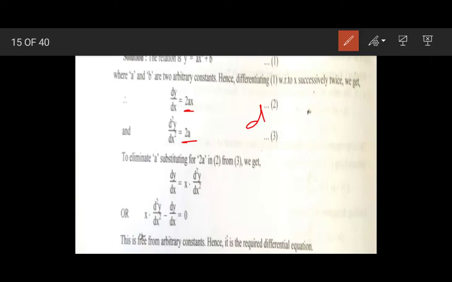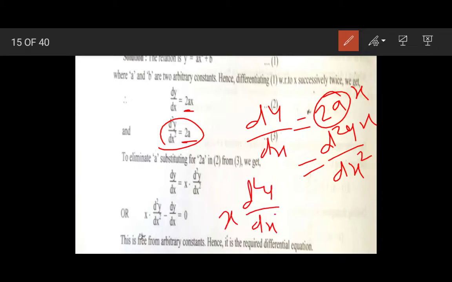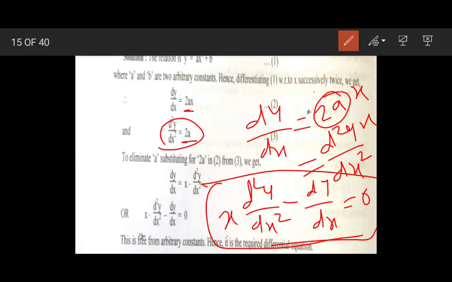Since dy upon dx is 2ax, now in place of 2a I am writing this part. So 2a is d2y upon dx square, so finally I am getting the equation as x d2y upon dx square minus dy upon dx equal to 0. This is the differential equation. After eliminating the arbitrary constant, I get this differential equation.